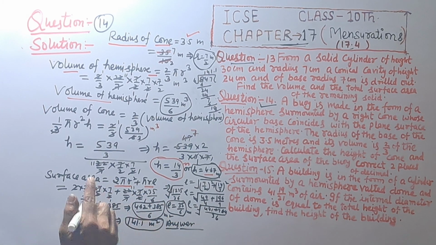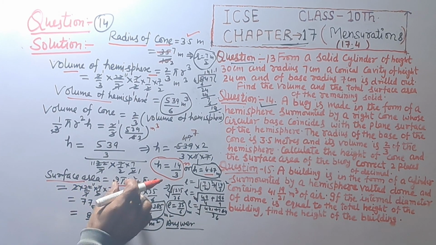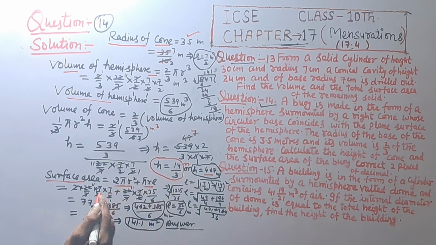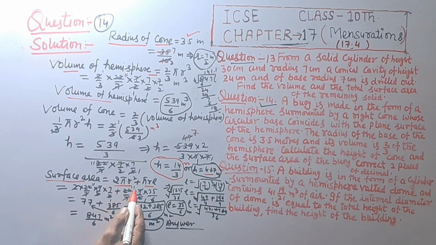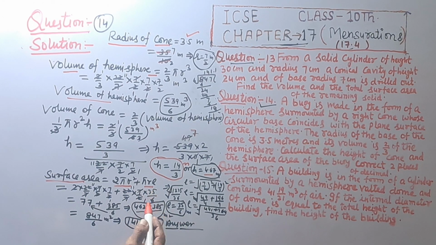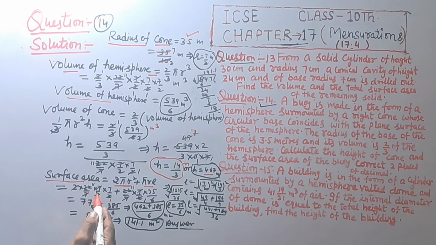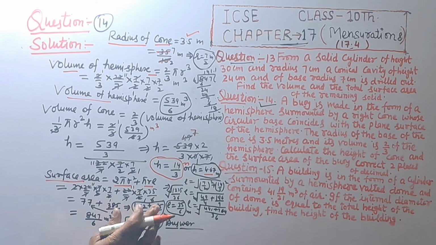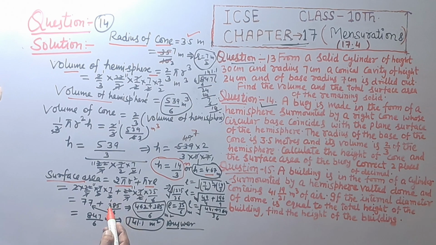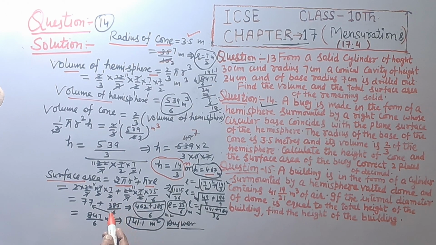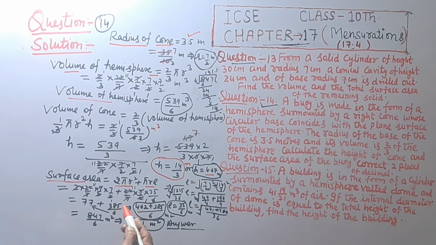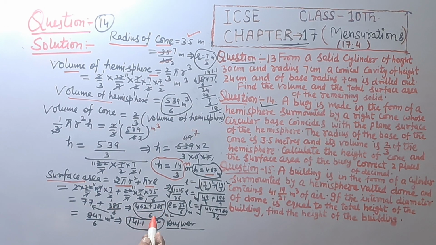And surface area is equal to curved surface area of hemisphere plus curved surface area of cone, that is 2 pi r square plus pi r L. L is 35 upon 6. So 7 7 is cancelled, 11 2s are 22, 2 2 is cancelled, and 11 7s are 77 plus 35 11s are 385 divided by 6. 6 multiplied by 77 is 462 plus 385 upon 6.